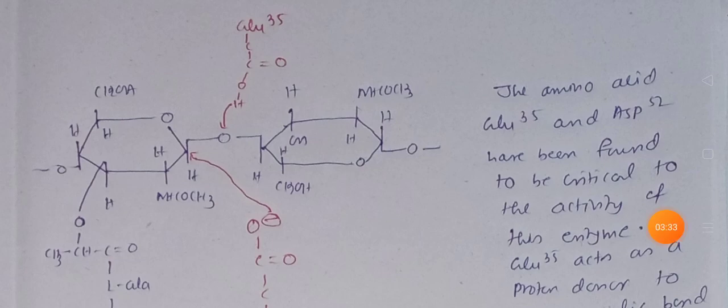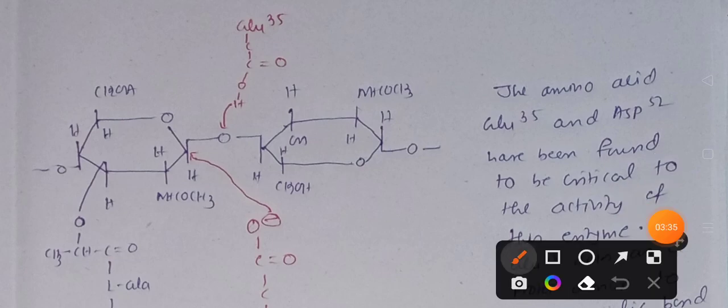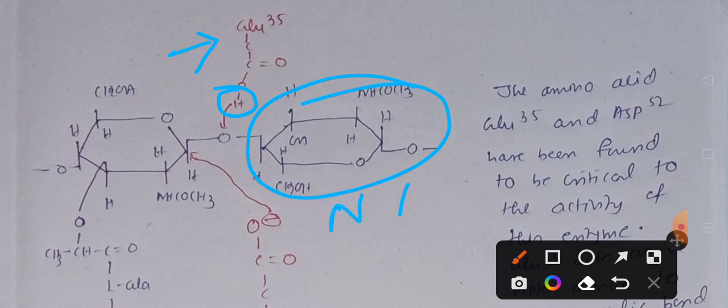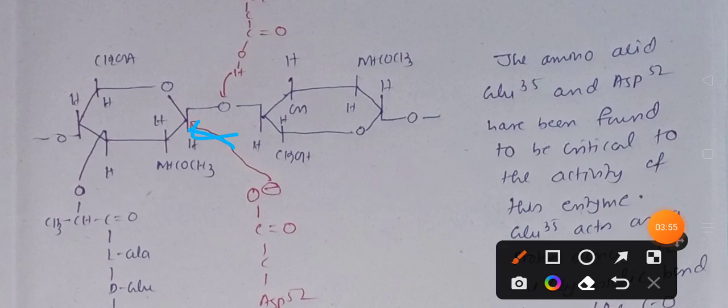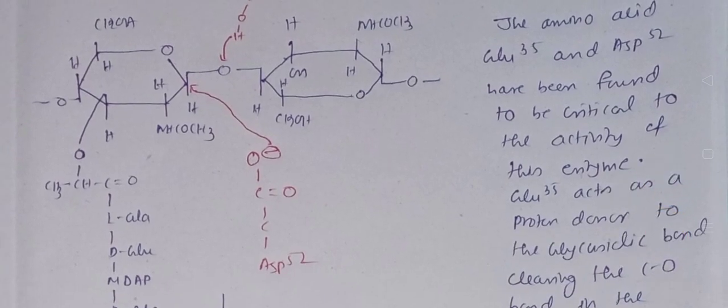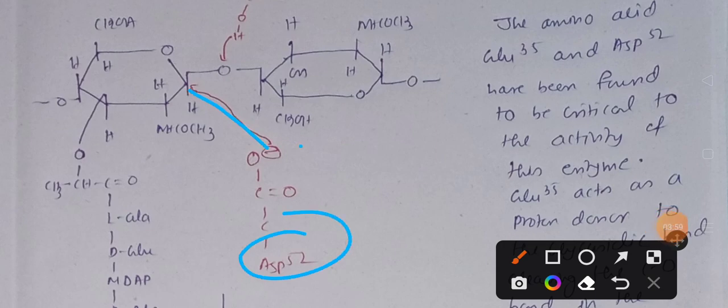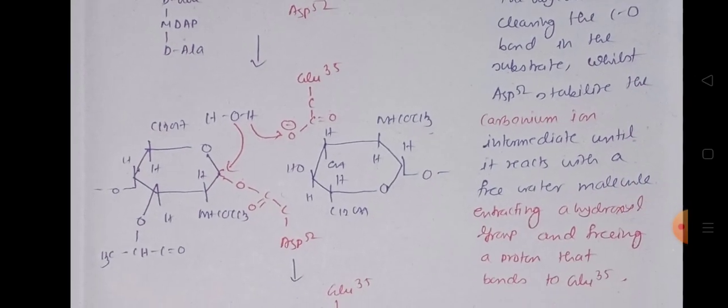Now the glutamic acid will donate a proton, and it will be taken up by the NAG, and that's how it gets the OH. The carbonium ion generated here will be stabilized by the aspartic acid. There will be a formation of a bond here, so we will get something like this.